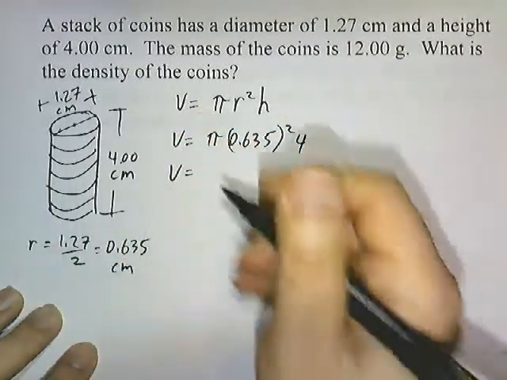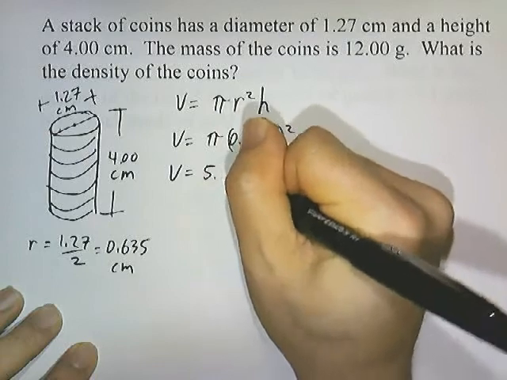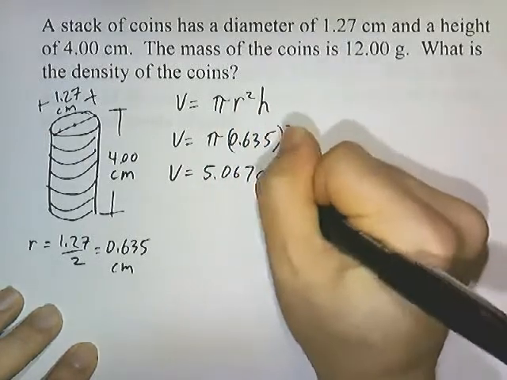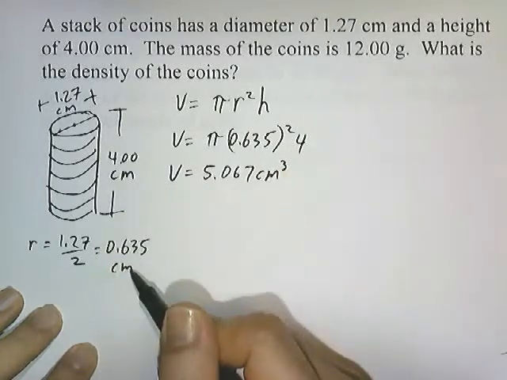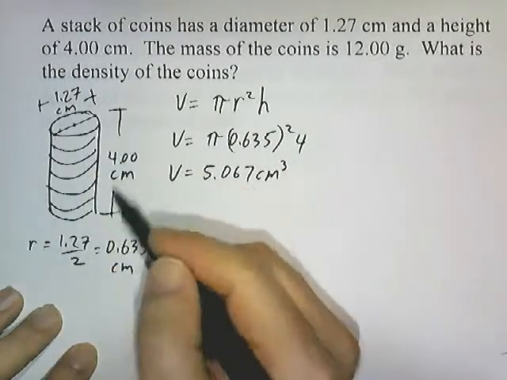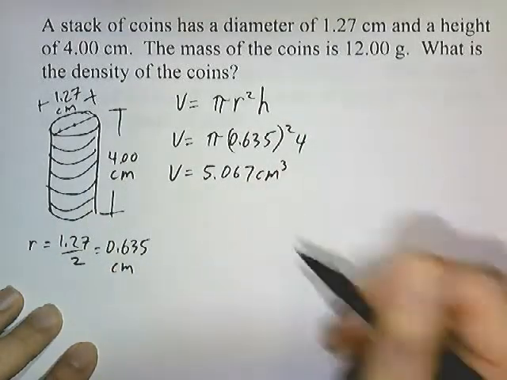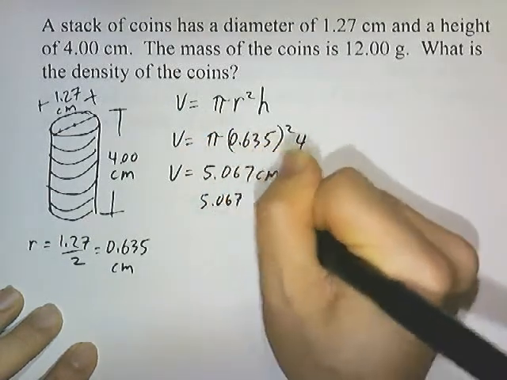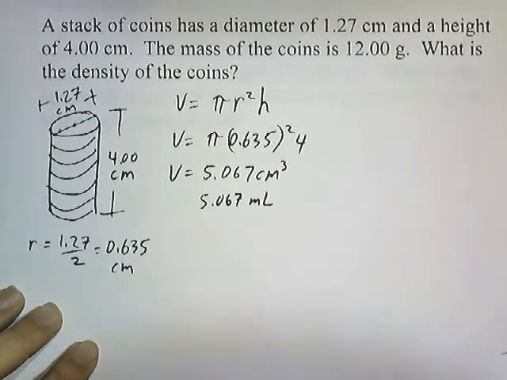If you grind the numbers out, you're going to get 5.067 centimeters cubed, because all these length units, diameter and the height, are in centimeters, which is the same as milliliters.